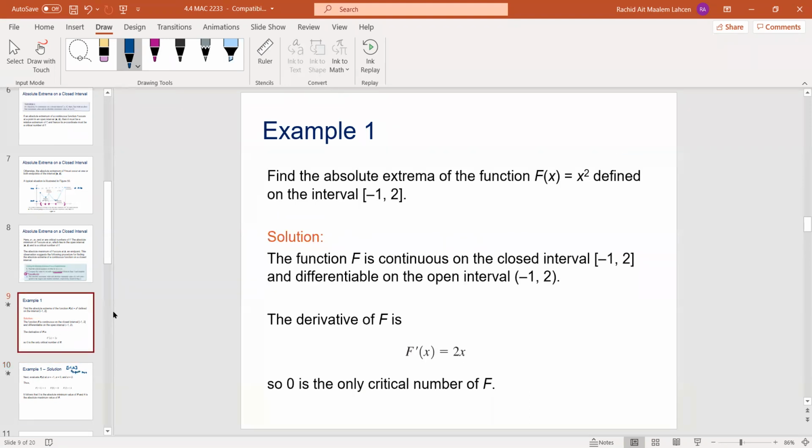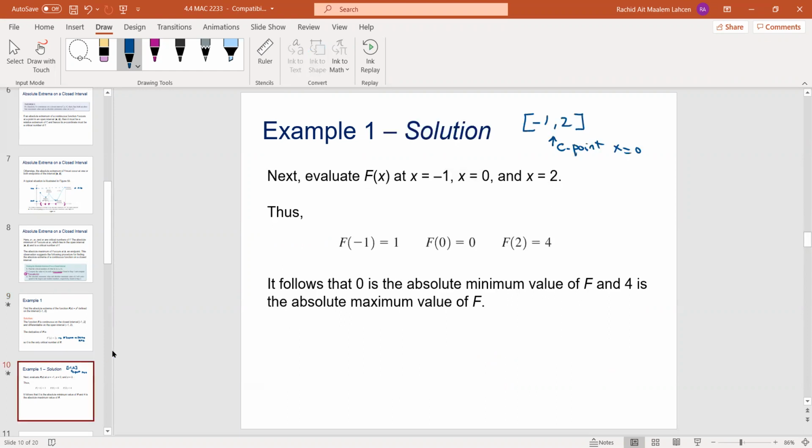That comes from setting f prime of x to 0, so 2x equals 0, so x equals 0. So we have the endpoints of the interval, -1 and 2, and we have a critical point. We need to investigate these.